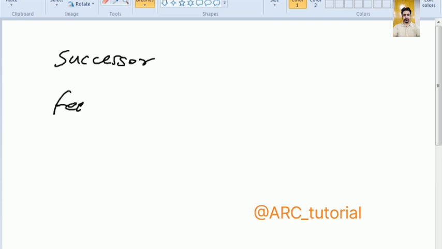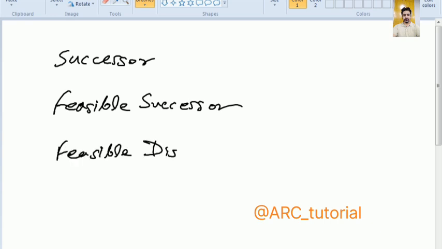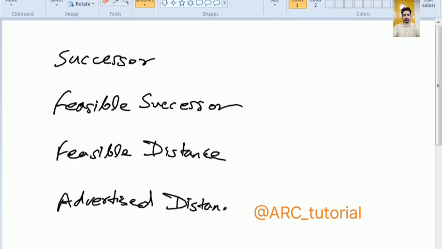We must talk about feasible successor, and of course feasible distance, and we must have information about advertised distance, which we can also call reported distance.